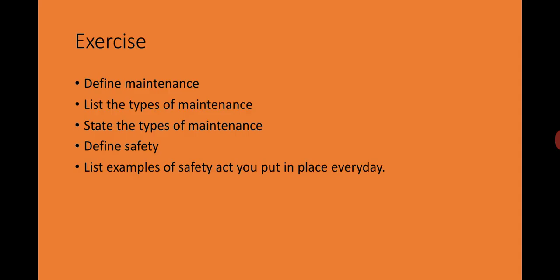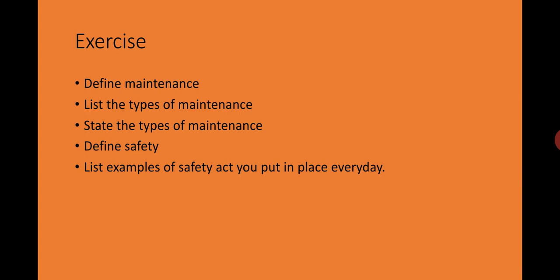Exercise. Define maintenance. List the types of maintenance. State the types of maintenance. Define safety. List examples of safety acts you put in place everywhere. I know many of you will be asking, what is Mr. Bolaji saying? List and state.